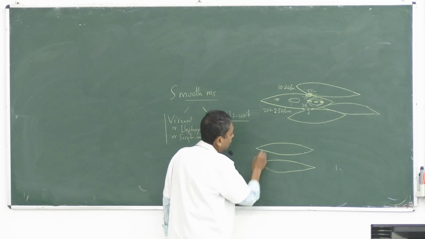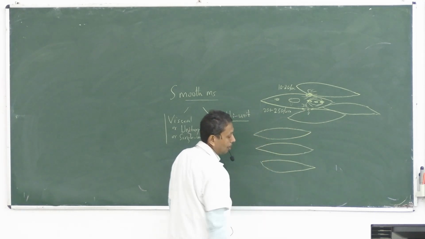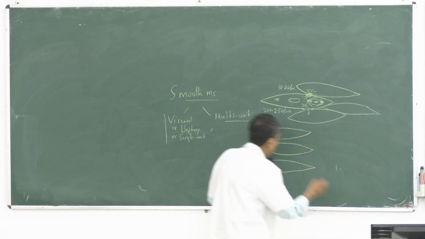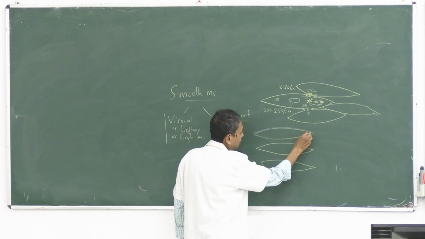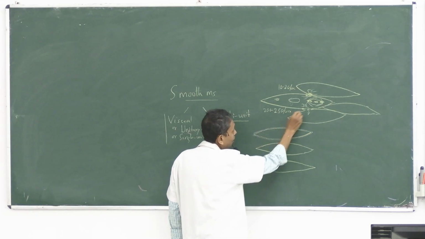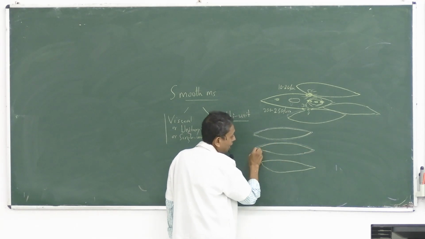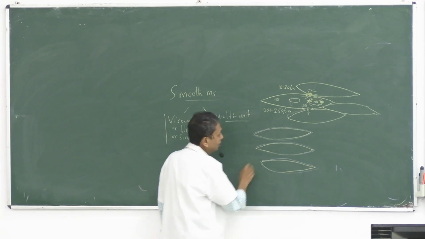They are not connected to each other by gap junctions. Surrounding them there is a thin connective tissue coat with glycoprotein, basement membrane like structures, which is applicable in this case also. And they have separate innervations, multi-unit muscle.